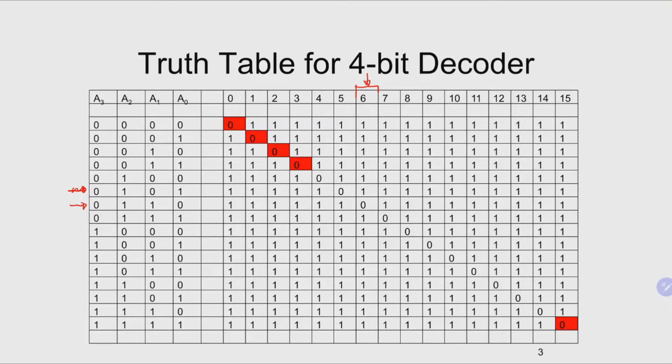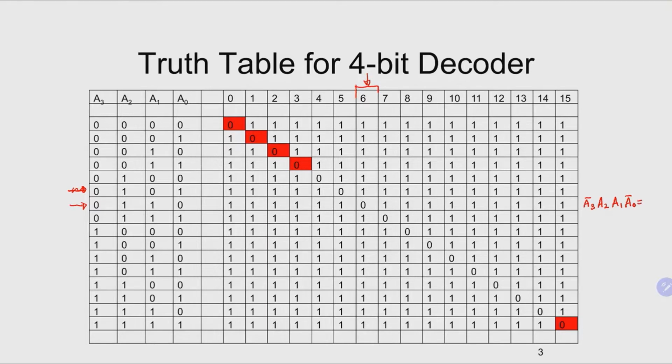So when we have the inputs as A3 bar, A2, A1, and then A0 bar, that is when these products produce a 1 at the output 6.